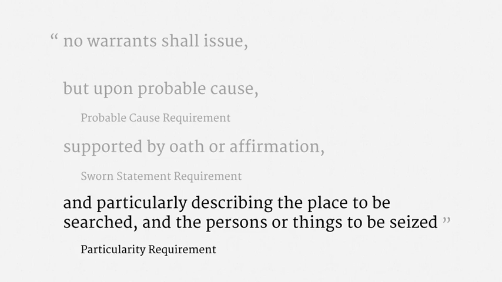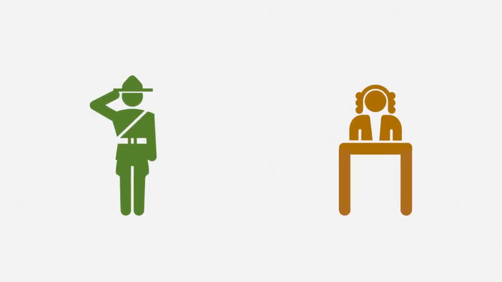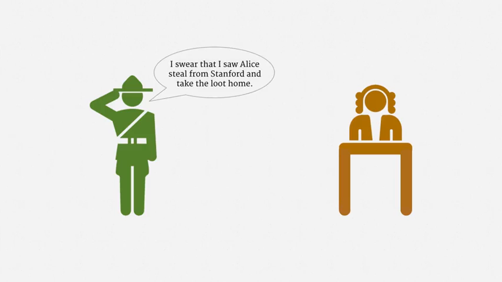Alright, let's start with the sworn statement requirement, then turn to the probable cause and particularity requirements. So, to get a warrant, an officer tells a judge why they believe probable cause is satisfied. Let's suppose Peter swears that he saw Alice steal from Stanford and take the loot home.